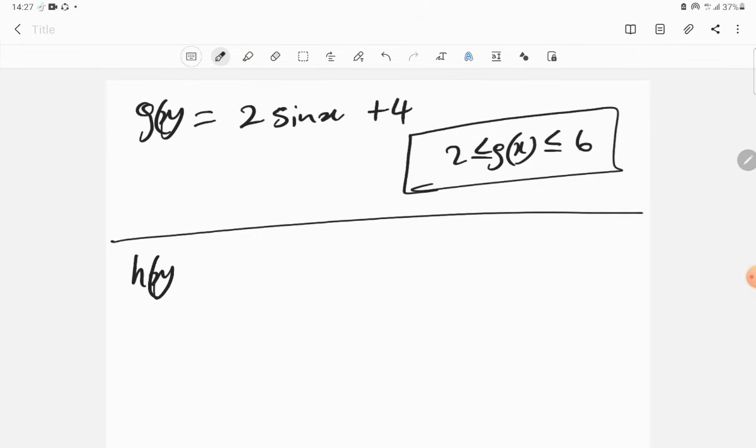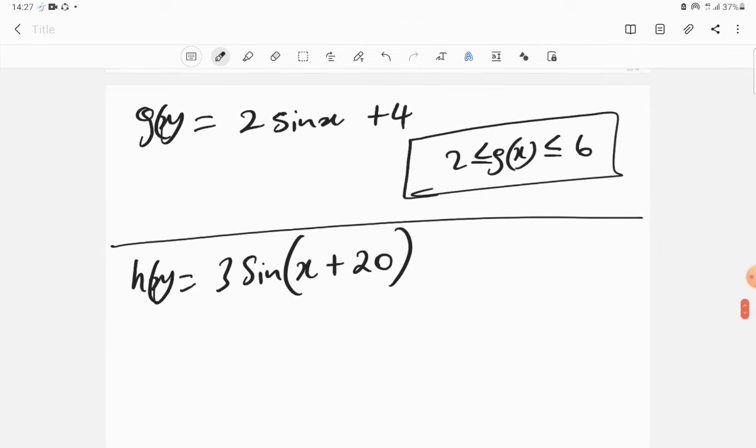Now let's come to this one. Let's have h of x is equal to 3 sine, then let's have x plus 20. Of course we still know that we have this 3, which is our amplitude.